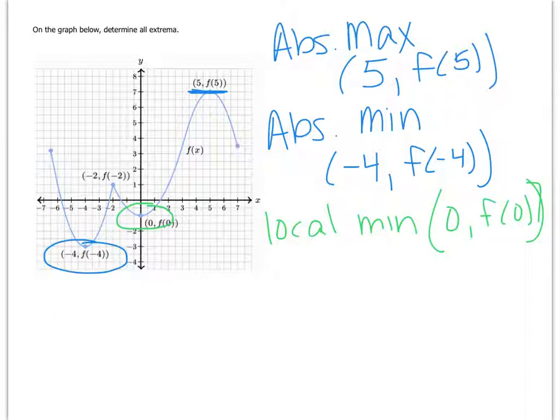And then this we can think about as an extrema because something is happening there, but it's not really a max or a min because the graph wouldn't be defined there. The derivative is not defined. And then I have my two endpoints, but they don't match anything else. So we just have an absolute max, an absolute min, and one local minimum on this. Now, we do have something happening. -2, f of -2 is still a critical point, but it's not an extrema.